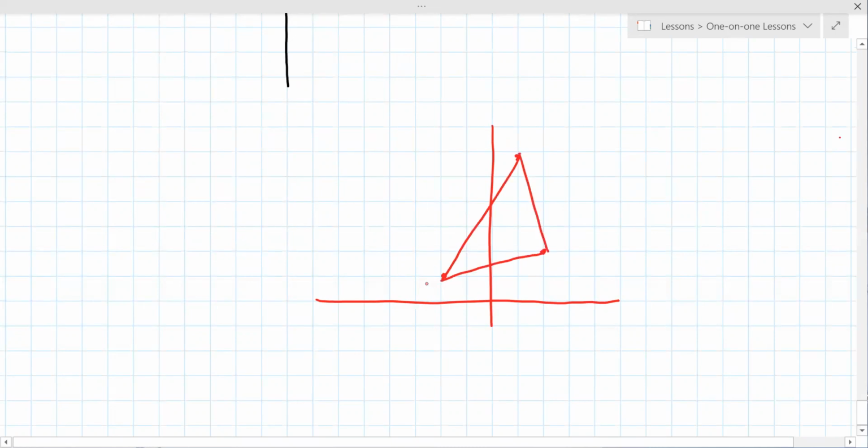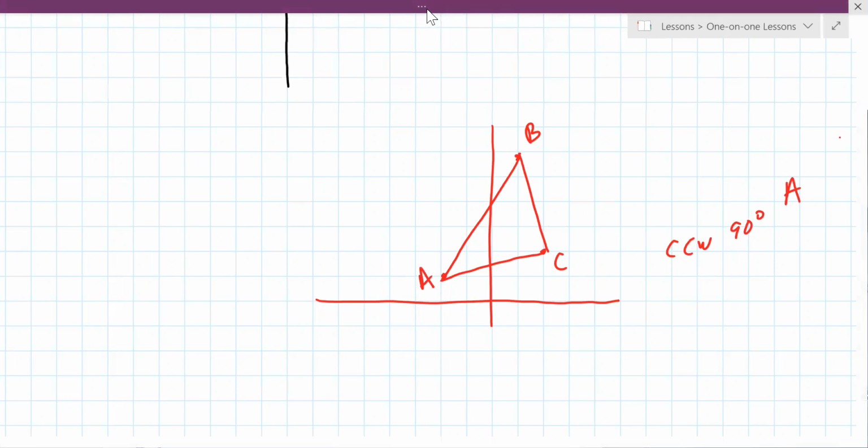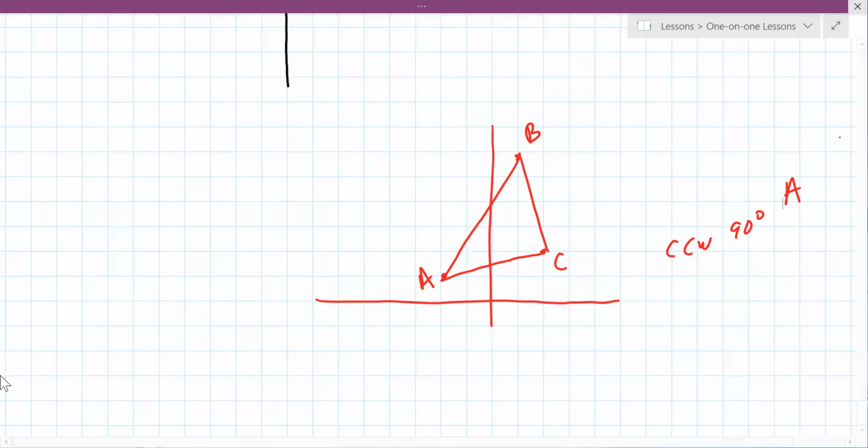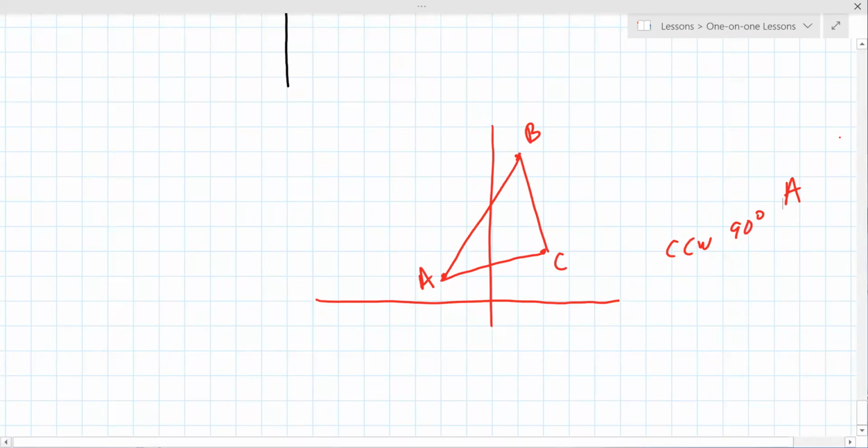All right, so we're going to go A, B, C, go counterclockwise 90 degrees about point A. Okay.